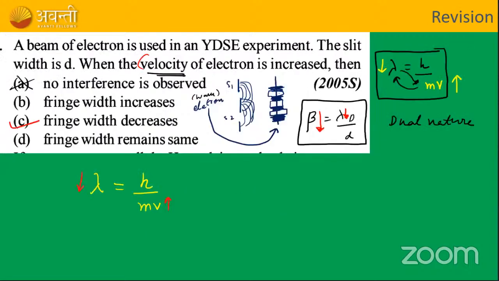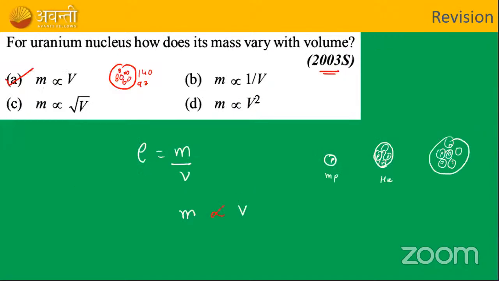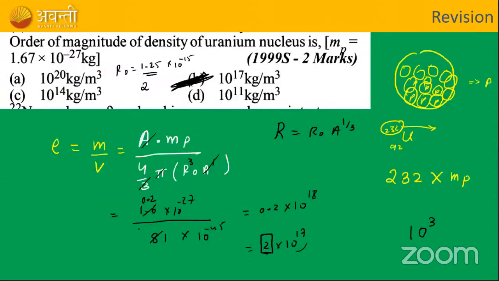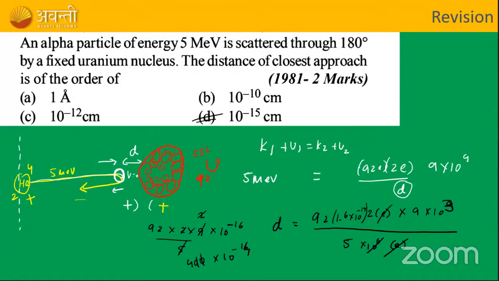And we learned probability, then how electrons give us an interference pattern, how the density and volume of the nucleus are related, and how to calculate the order of magnitude of the density of uranium nuclei at closest approach. This is what we have gone through, and some more questions are still remaining. Maybe tomorrow also I'll solve some questions, and on Saturday we'll start with ray optics.